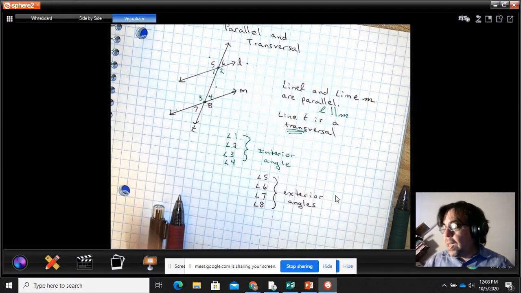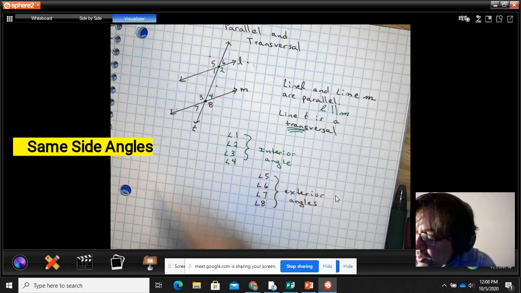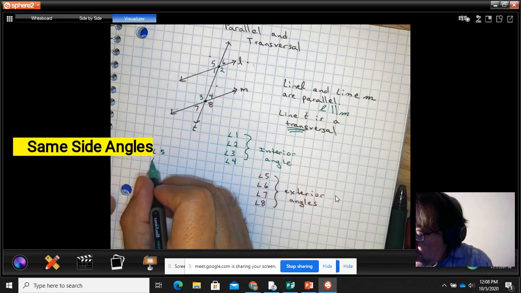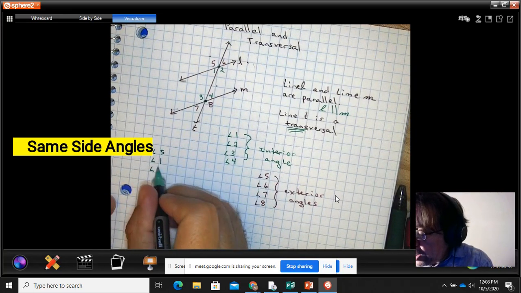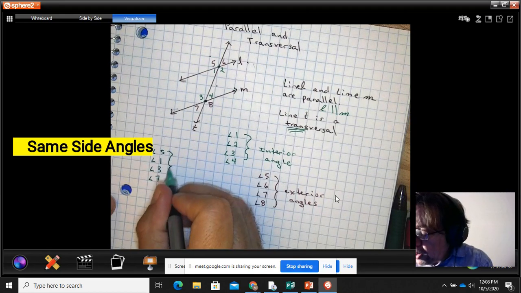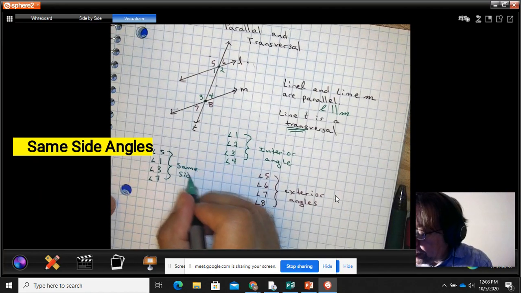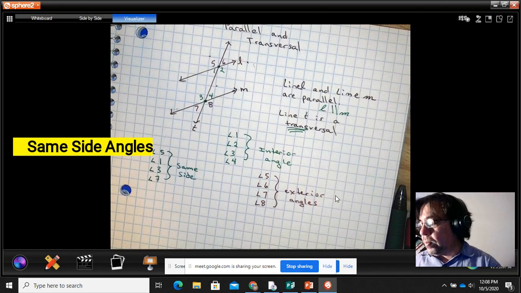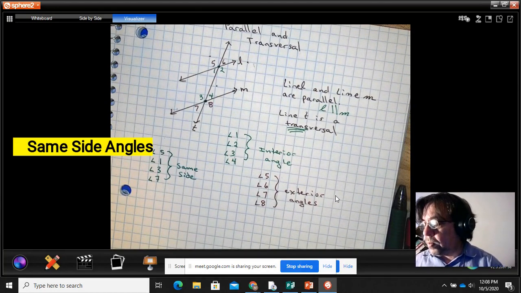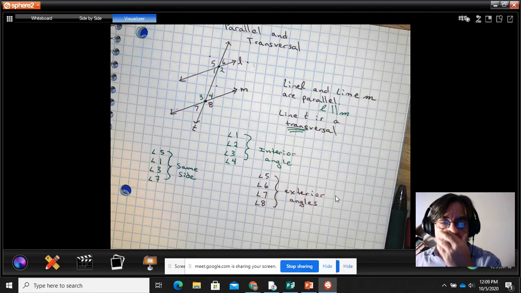So we can say that angle 5, angle 1, angle 3, and angle 7 are on the same side. I'll pause there for questions.